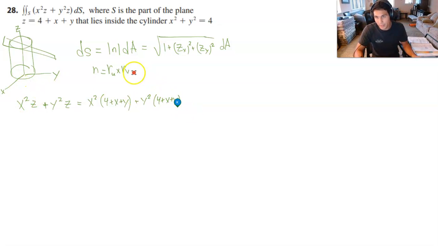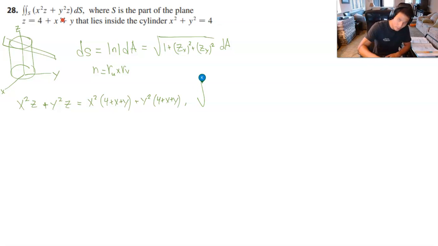The reason I'm doing this is, if we use this to find z_x and z_y, then this will be a pure function of x and y. We only have two integrals, so we need an integrand of only two variables. That's why you want to reduce the number of variables.